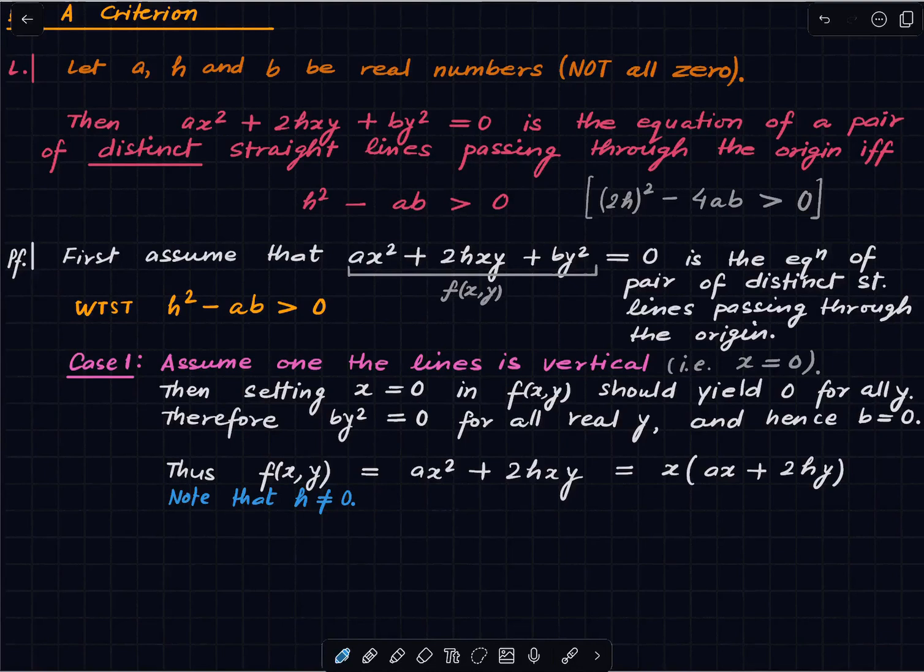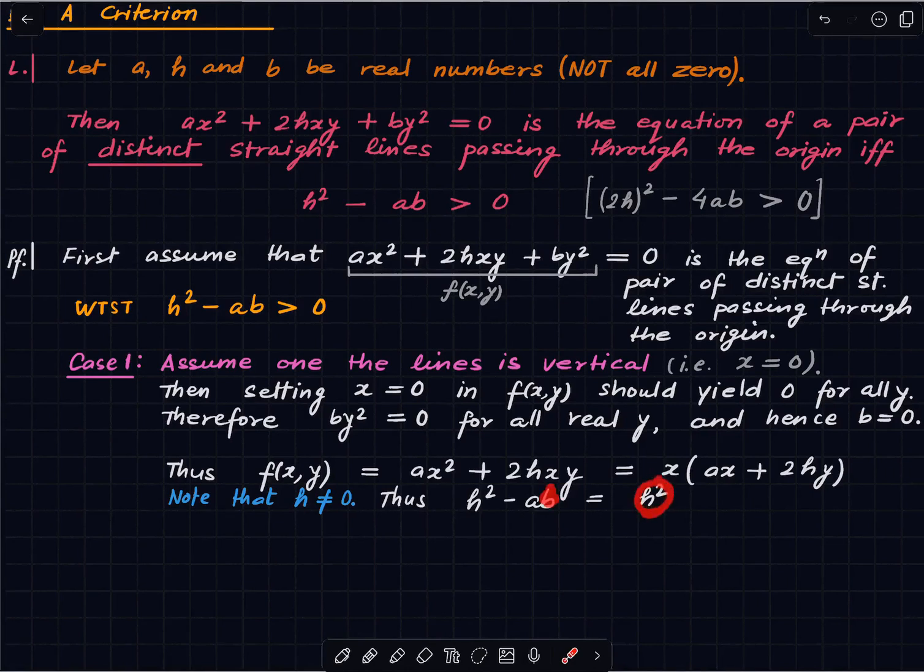And therefore, f(x,y) is this expression. Now we don't need to care about f(x,y). h square minus ab is equal to just h square because b is 0.